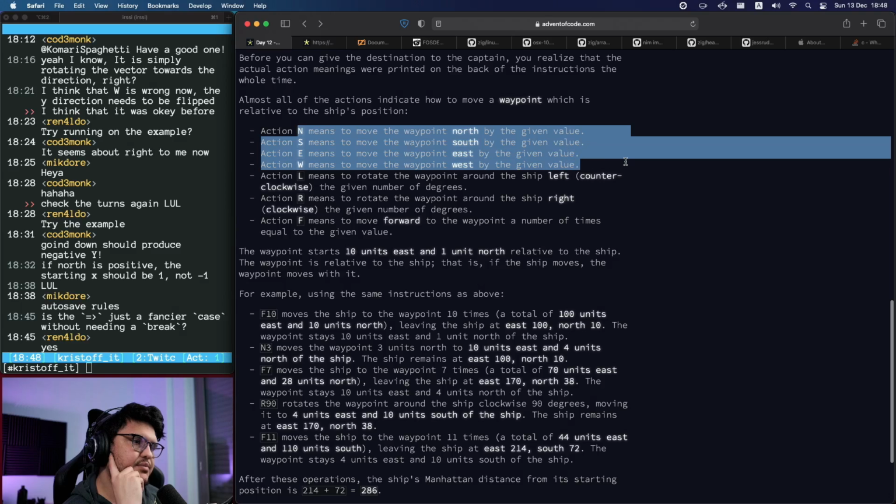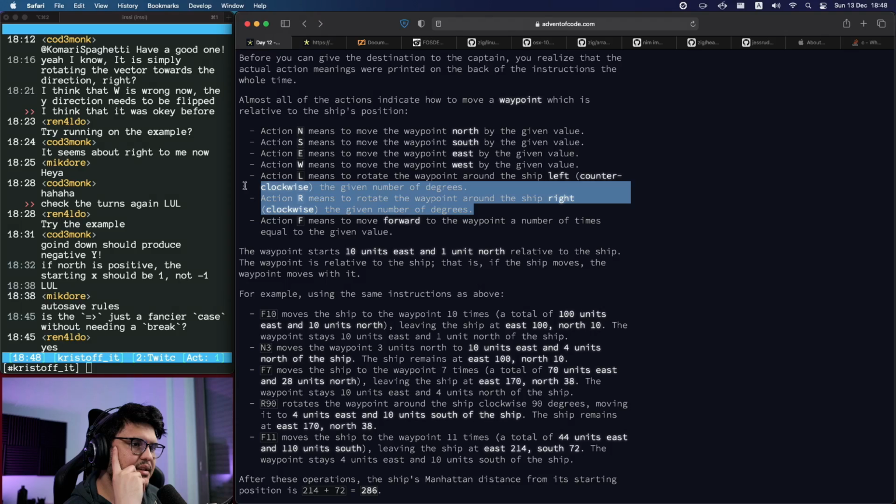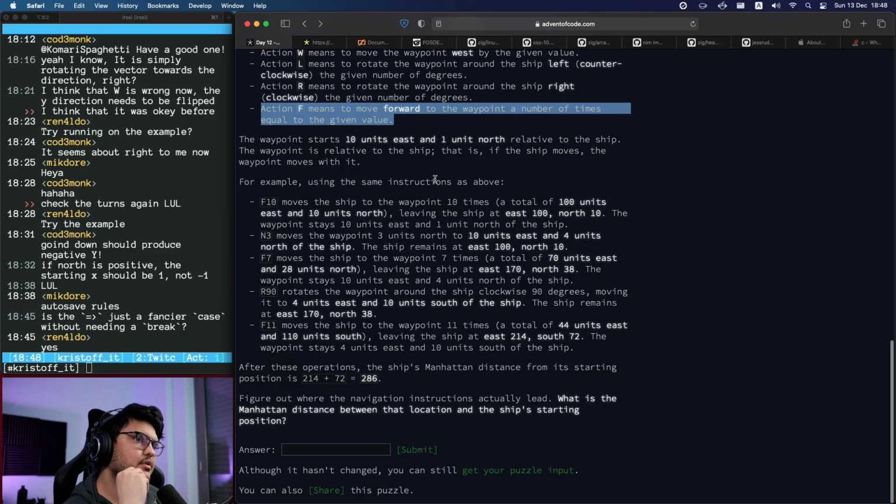So yeah, this just moved the waypoint. This means to rotate the waypoint around the ship left, counterclockwise, the number of degrees. And these are the transformations that we are applying, yes. F means move forward to the waypoint a number of times equal to the given value. We are doing this also correctly.